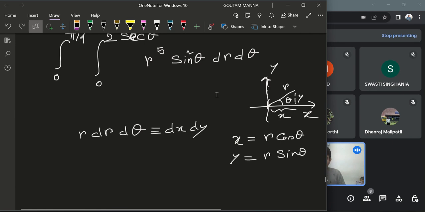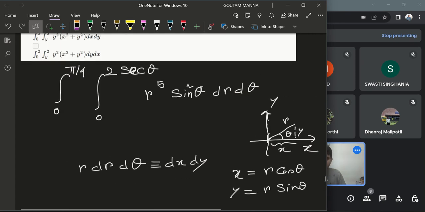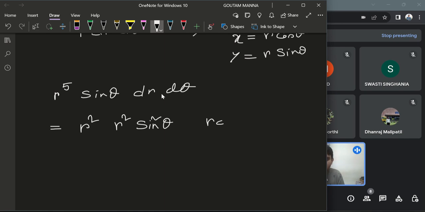So then this r to the power 5 sin square theta dr d theta, this quantity, we can write as r square times r square sin square theta times r dr d theta.